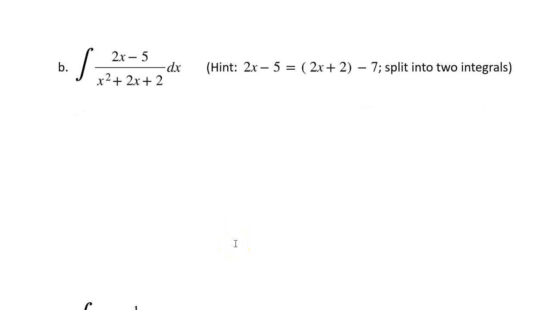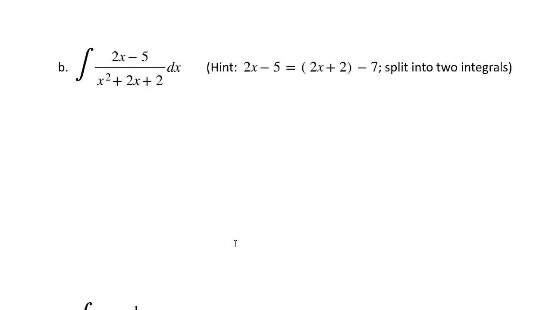This one, I've got a hint here. On the top we've got 2x minus 5. On the bottom you've got x squared plus 2x plus 2. Now if we just had something like minus 5 on the top, we could easily use that process we just went through. But this one has 2x minus 5.